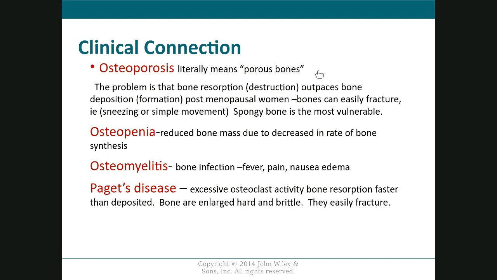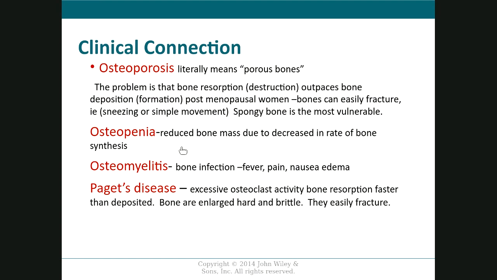Therefore, there's an increased resorption of calcium and minerals from our bones. So the bones look more porous, and women, or men, can get osteoporosis. The bones are easily fractured, and spongy bone is the most vulnerable to this.